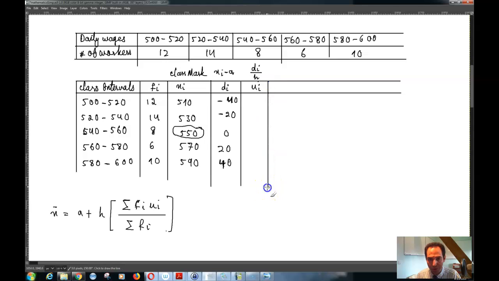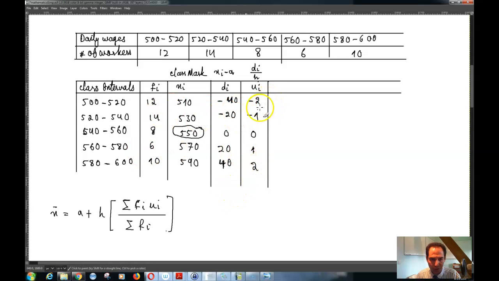So I can write u of i as, for example, negative 40 divided by 20 is equal to negative 2. That's negative 1. 0 divided by 20 is 0. 20 divided by 20 is 1. And 40 divided by 20 is equal to 2.